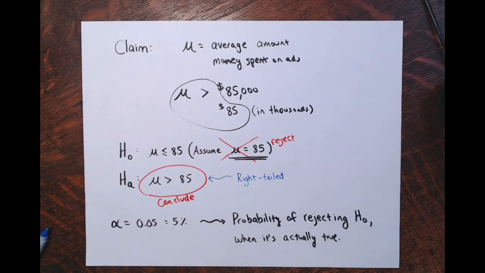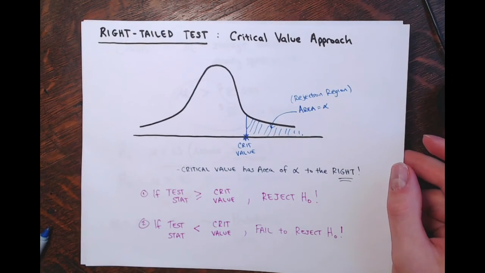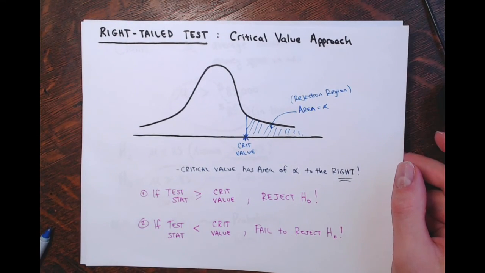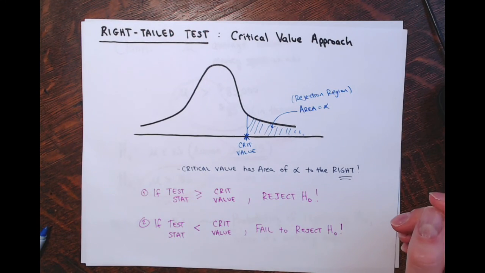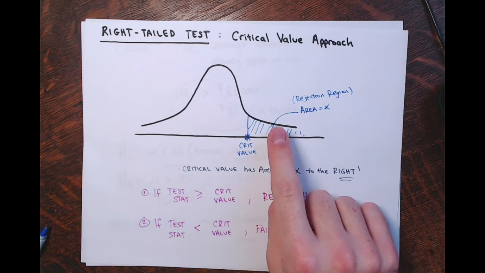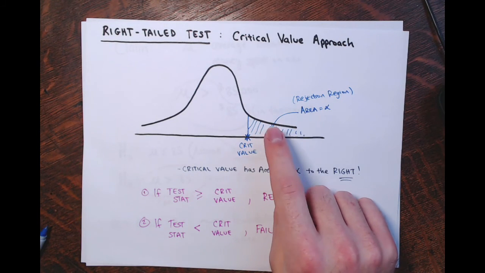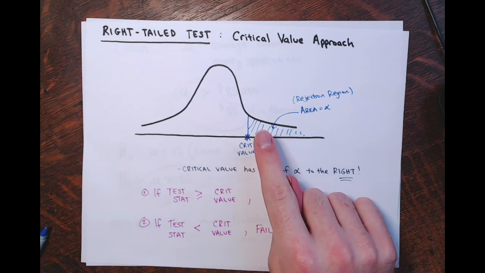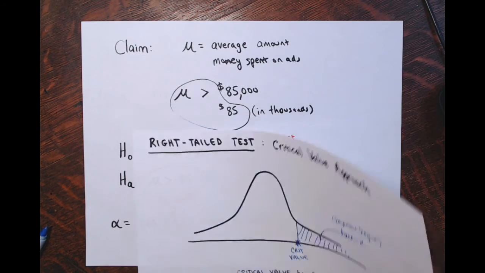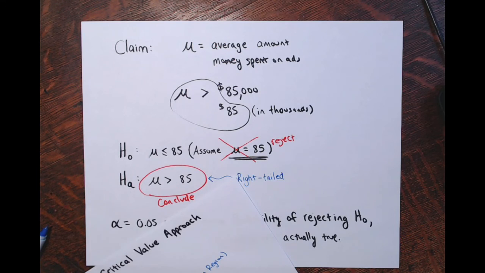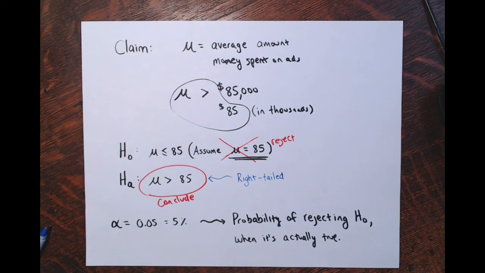If our distribution is normal or student's t, one of these symmetrical bell-shaped curves, then when we go to find critical values, or even p-values, we're going to be taking area to the right. I need the area to the right of some value to be 5%, to be alpha. That's what we're going to be looking for when we move the dots around in our assignment picture.